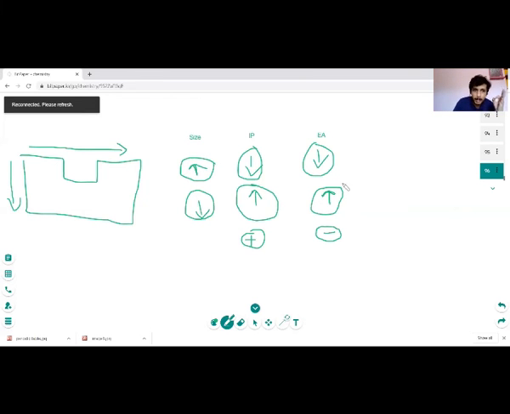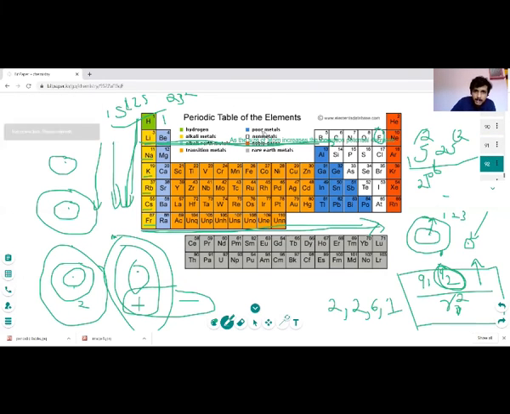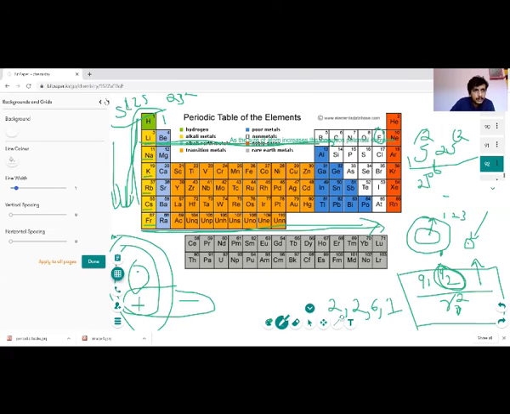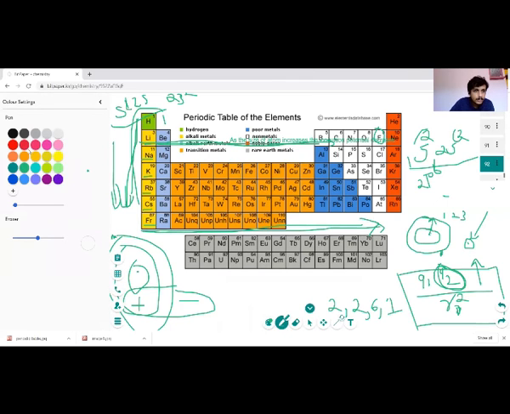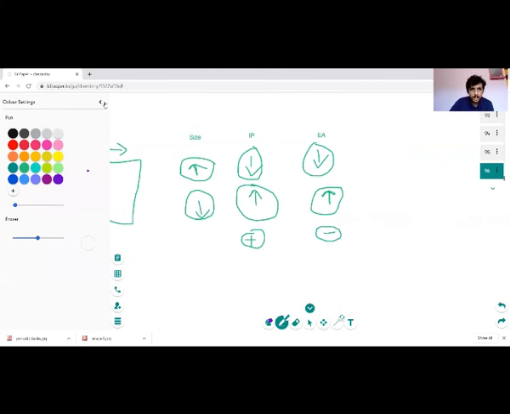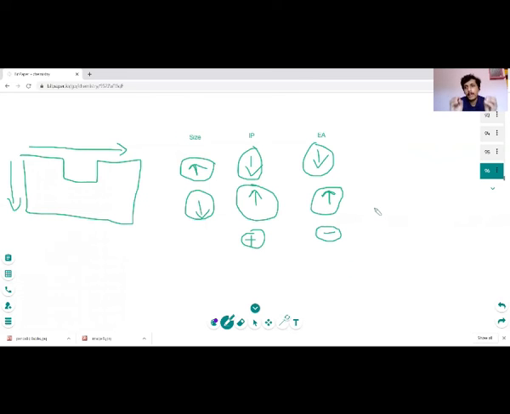And there are two more characters, metallic and non-metallic behavior. As I explained in the previous periodic table example, let me take a different color here. These are metals and these are non-metals. Why? What is the distinction between metals and non-metals? The distinction is, metals are the ones which can lose the electron easily, and non-metals are the ones which can gain the electron easily.